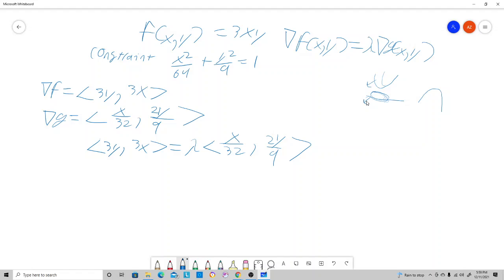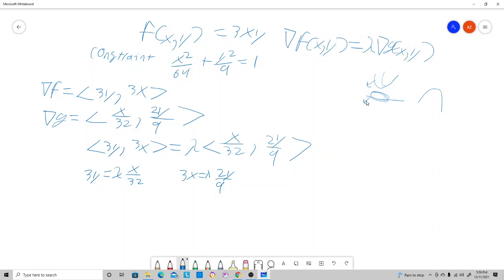So let's set each component equal to each other. Now we've got 3y is equal to the Lagrange multiplier times x over 32, and the other component, 3x, equals the Lagrange multiplier times 2y over 9. And then there's an issue. We have three unknowns and we have two equations.